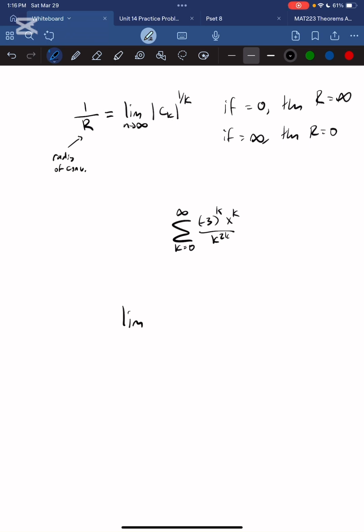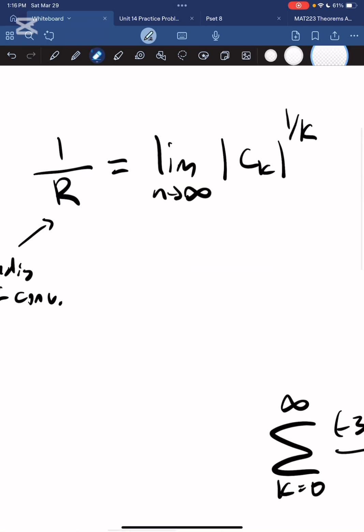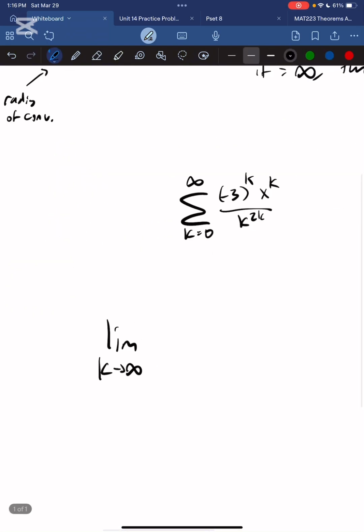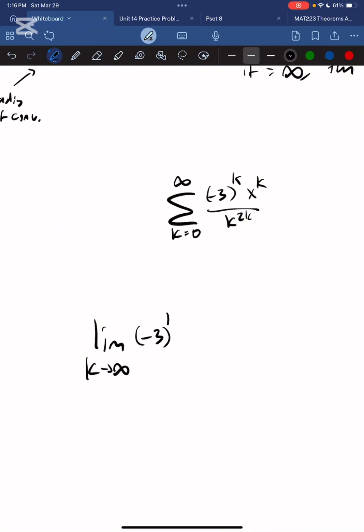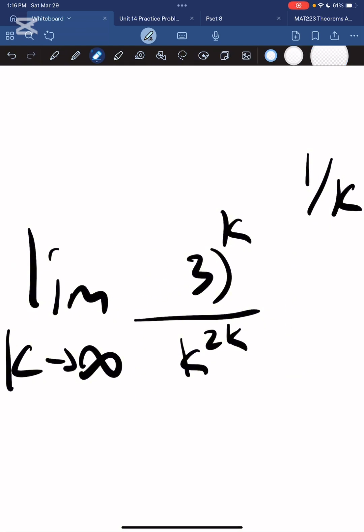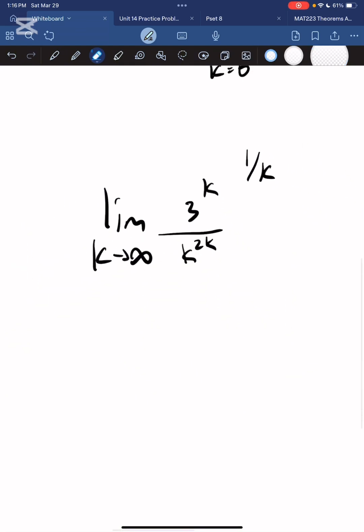So we take the limit as k goes to infinity of negative 3 to the k over k to the k, all to the 1 over k. Since this is all absolute valued, we can get rid of the negative. No one cares about the negative.